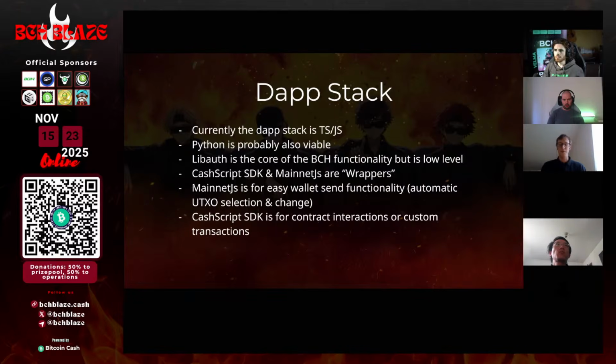Maybe use special lock times or special SIG hash flags or special signing. If you do something special, then the CashScript SDK makes this easy for you. Whereas if you just want easy, normal sends with change outputs, then mainnet.js is a great option. So this is how I would give an overview of the JavaScript ecosystem.